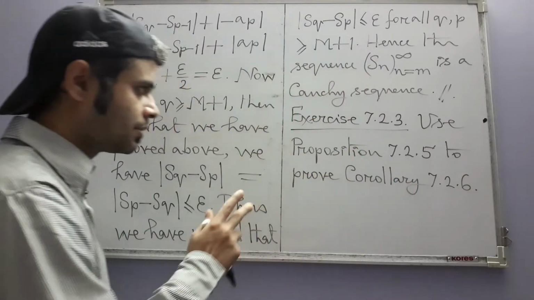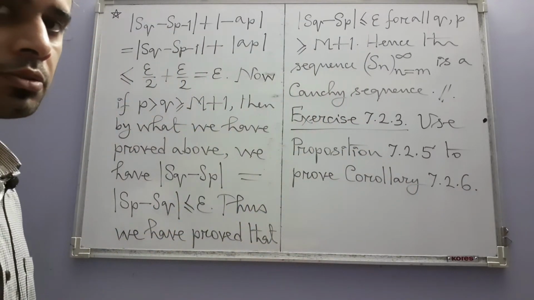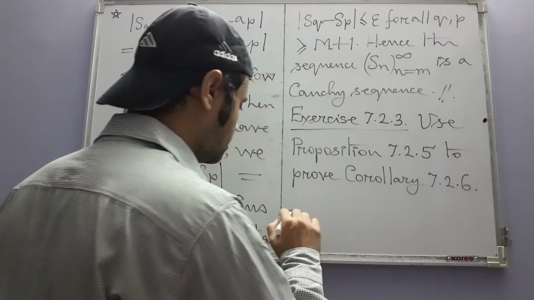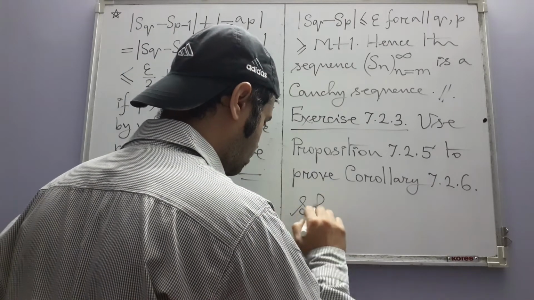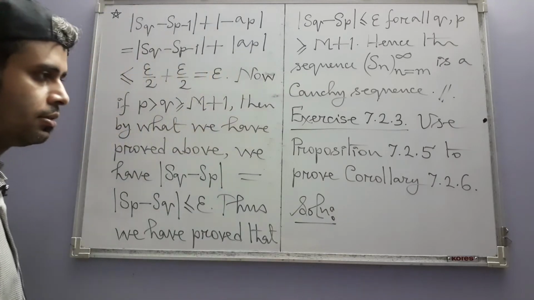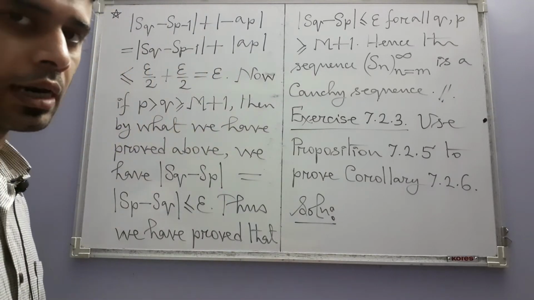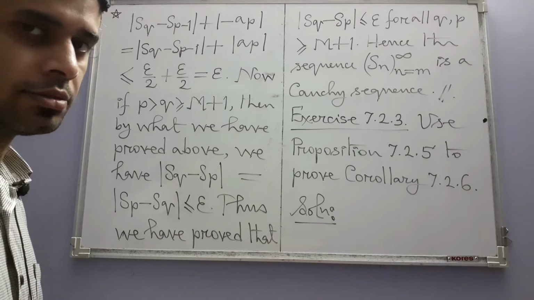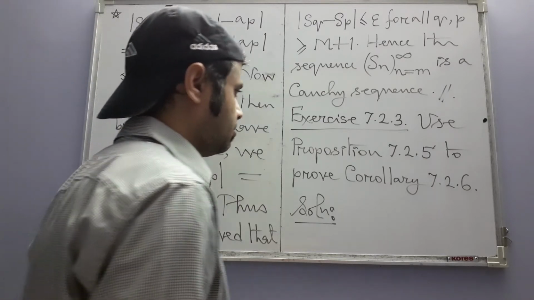So corollary 7 to 6 is that zero test for convergence. That is, if an infinite series summation an is convergent, then the limit of the terms an should be 0. It should exist and it should be 0.